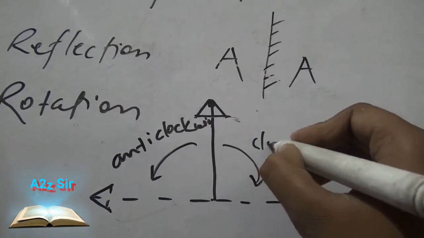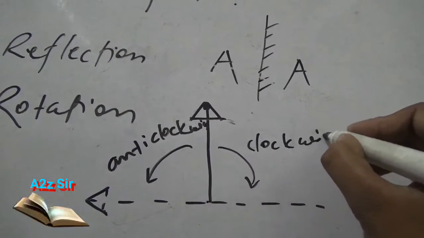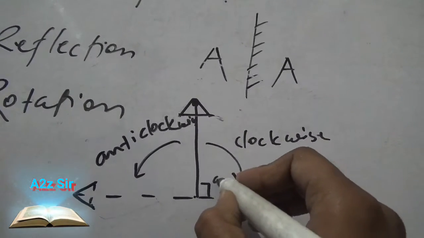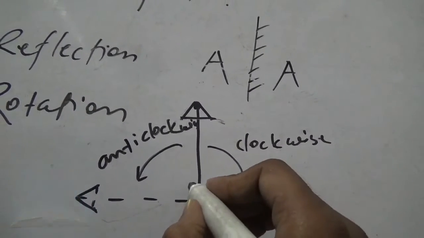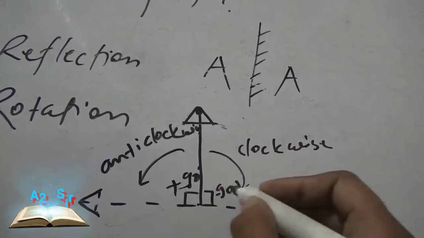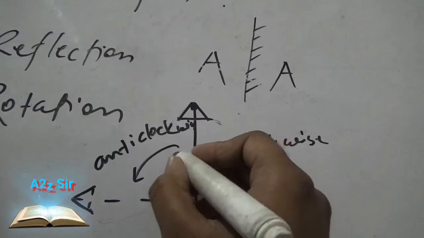This one is clockwise, and for the 90 degree only, this one is minus 90 degree, and this one is plus 90 degree.